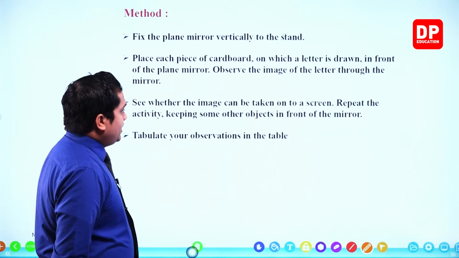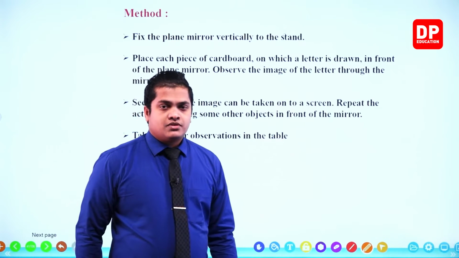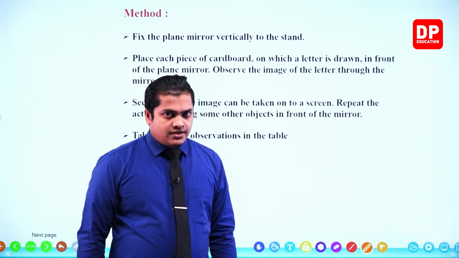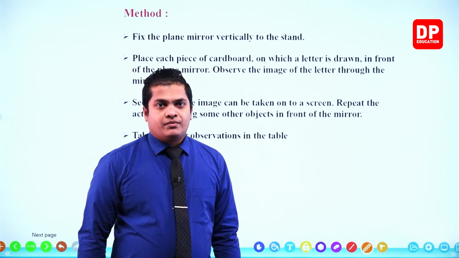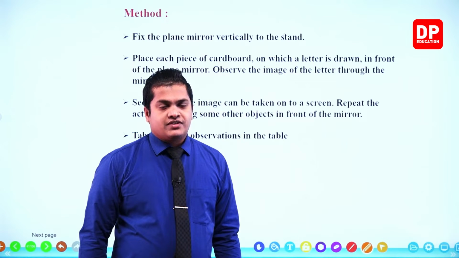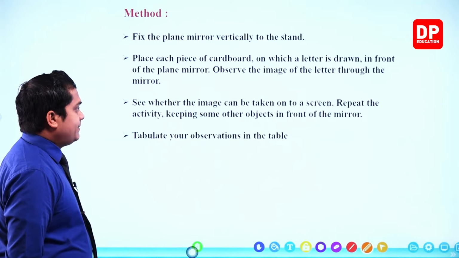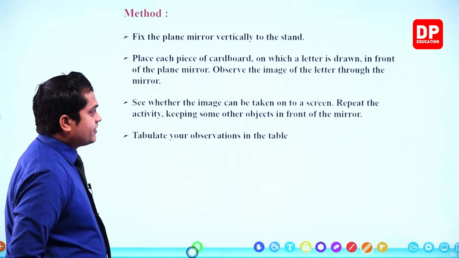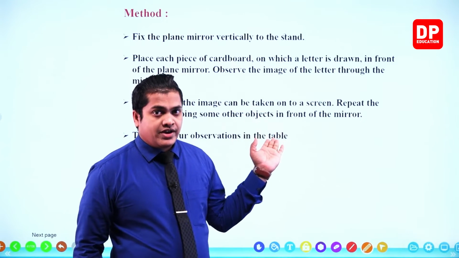See whether the image can be taken onto a screen. Now observe whether you can take this image onto a different screen. For sure, you know that we won't be able to do that. Then repeat the activity keeping some other objects in front of the mirror. You can use other letters as objects.